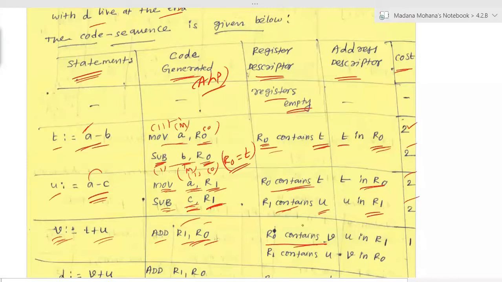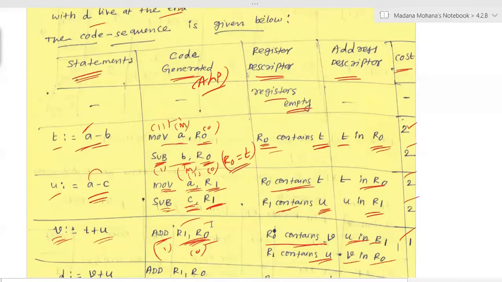R0 contains V. Then U: previously U was in R1, R1 contains U. That is used here again the same way. So U is in R1, then V is in R0. Again we are using the dependent registers. Now here you can see the cost. Both are registers, so the cost is 0, but only the instruction cost of 1 is used.